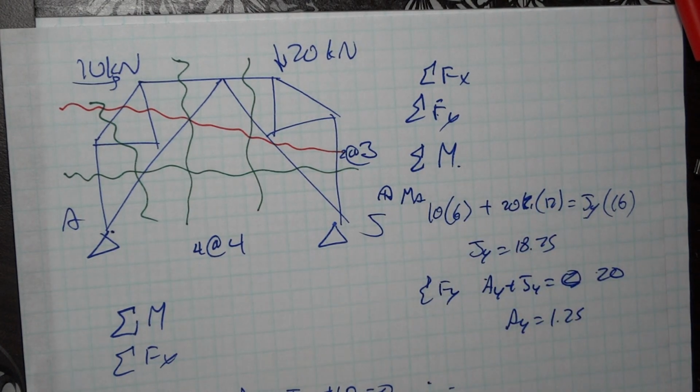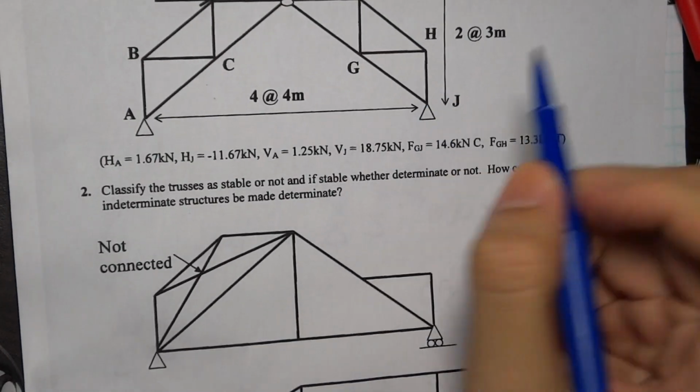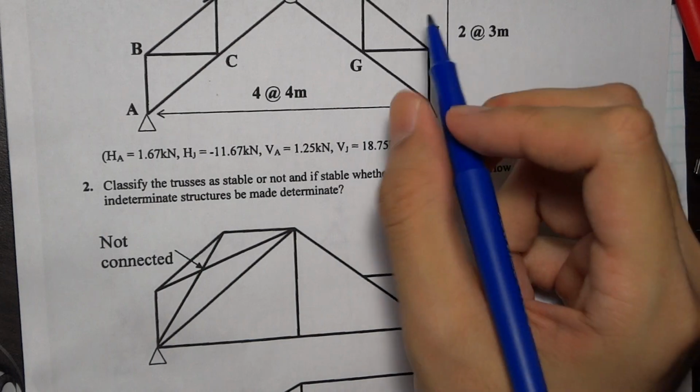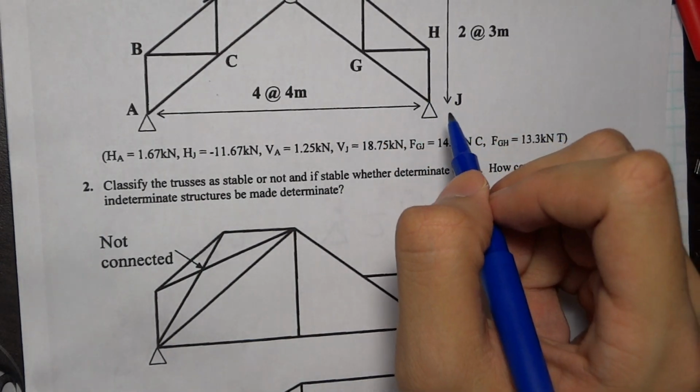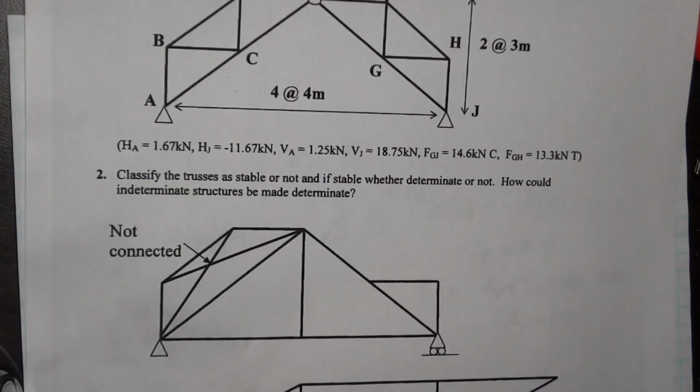For example, in our case, if we start off at point J, if we know the reactions at J, the X component and the Y component, then GJ and HJ are 2 unknowns, and we have 2 equations, so we can solve that.